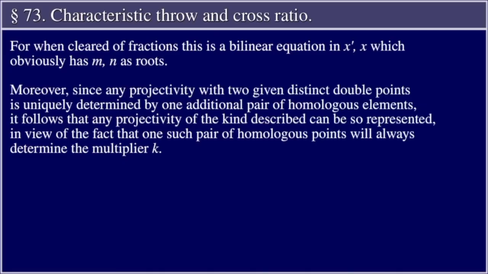For when cleared of fractions, this is a bilinear equation in x', x, which obviously has m, n as roots. Moreover, since any projectivity with two given distinct double points is uniquely determined by one additional pair of homologous elements, it follows that any projectivity of the kind described can be so represented, in view of the fact that one such pair of homologous points will always determine the multiplier k.